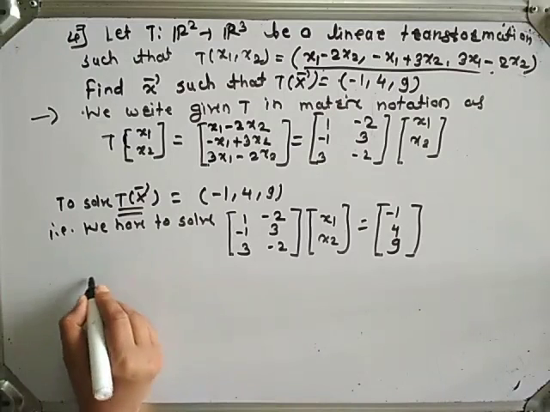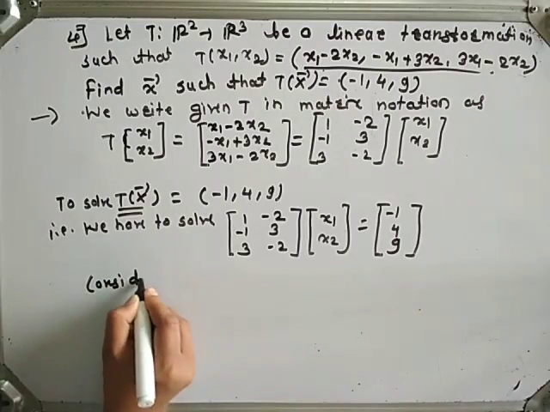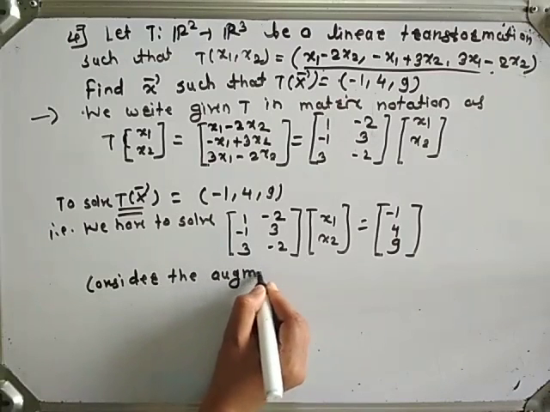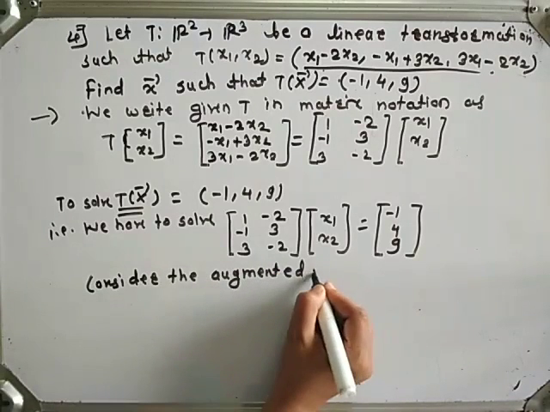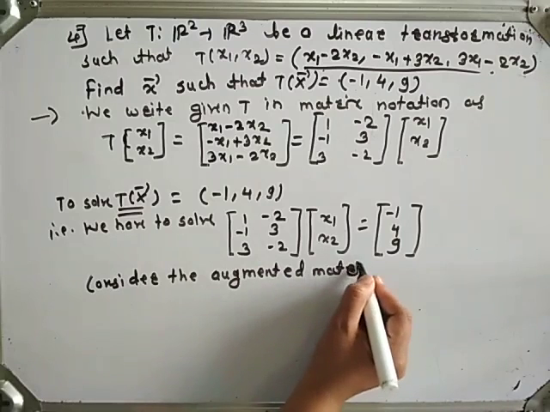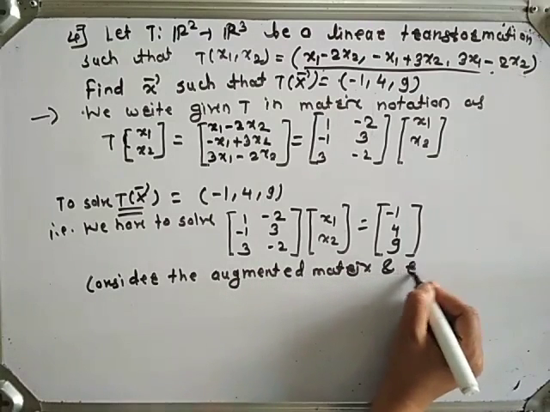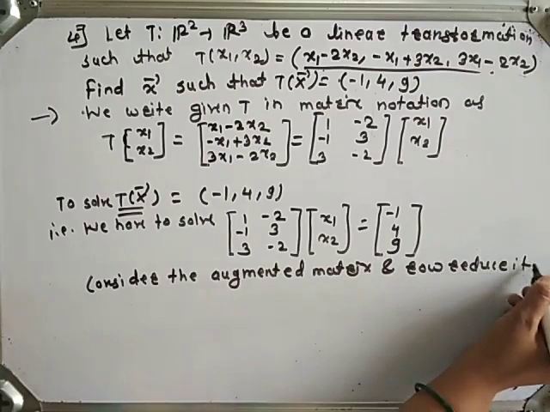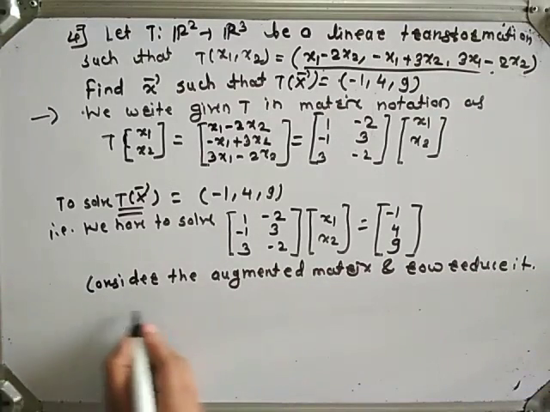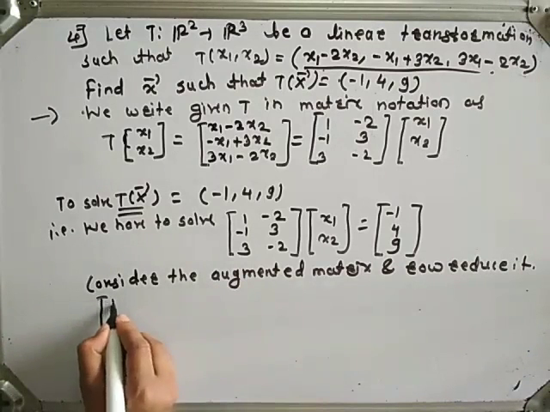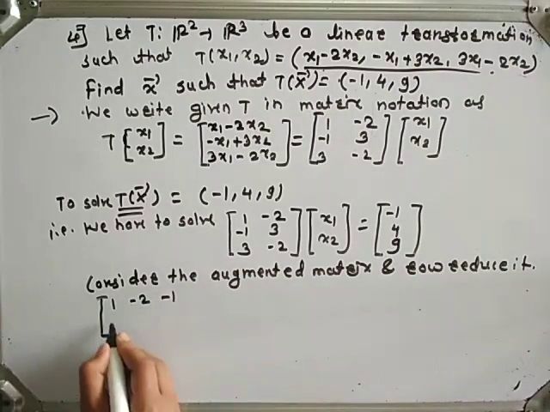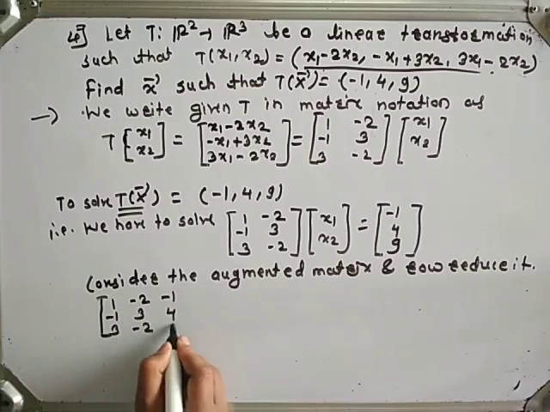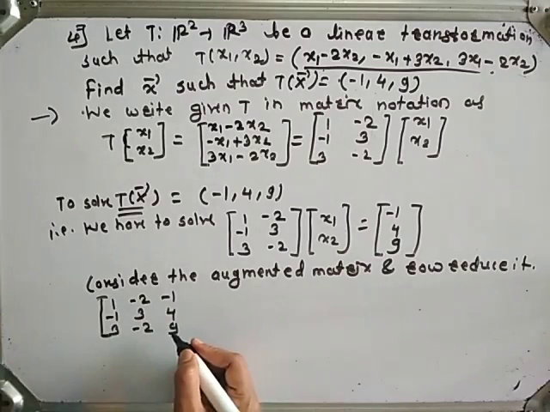Consider the augmented matrix and row reduce it. The augmented matrix has rows (1, minus 2, minus 1), (minus 1, 3, 4), (3, minus 2, 9).